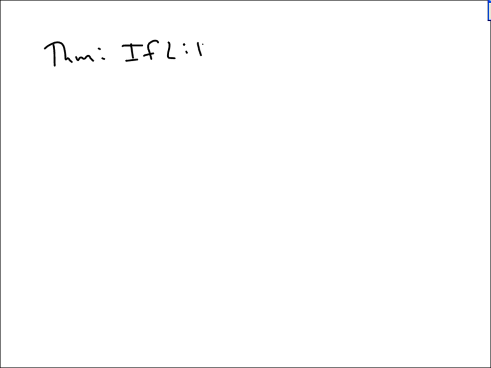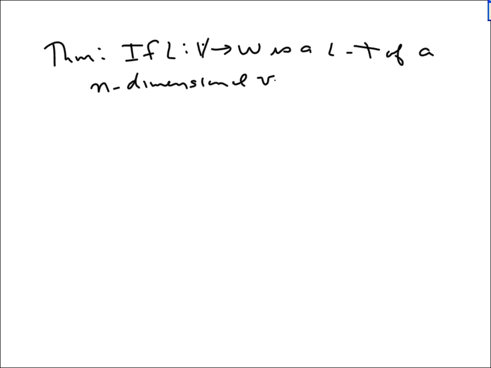L, the mapping from V into W, is a linear transformation of an n-dimensional vector space V. So the dimension of V is n, into a vector space W. Then the following is true.